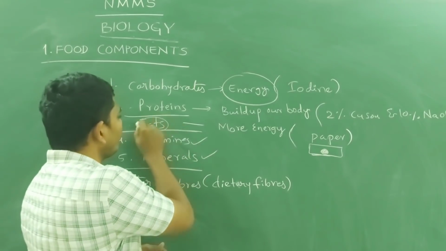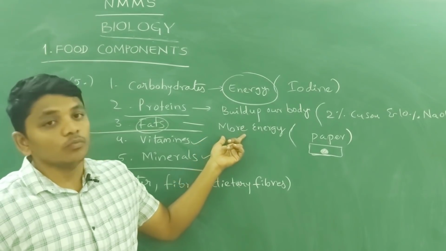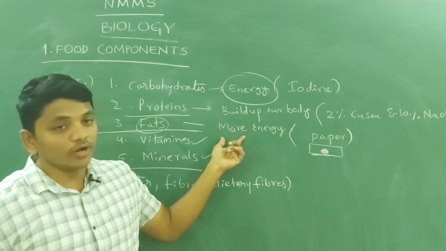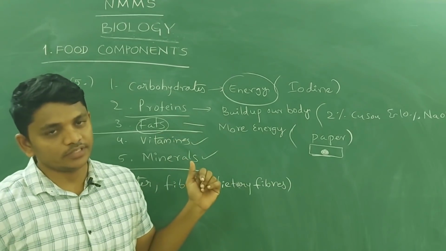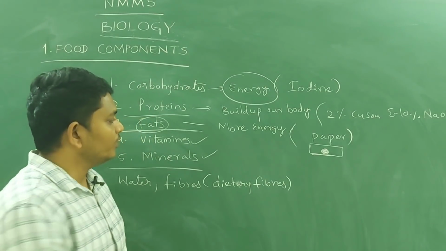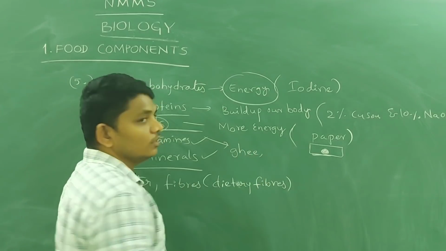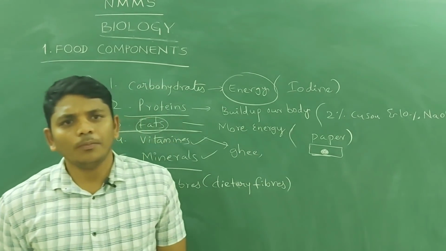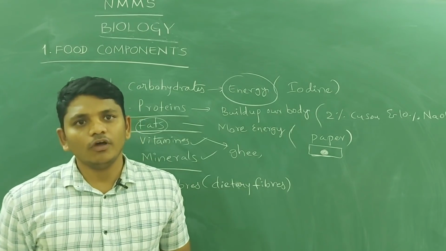Let us discuss fats. As I already said, fats are very important to our body for giving us more energy when compared with carbohydrates. Mostly fats are found in milk products like ghee and also butter. They are also present in oils.